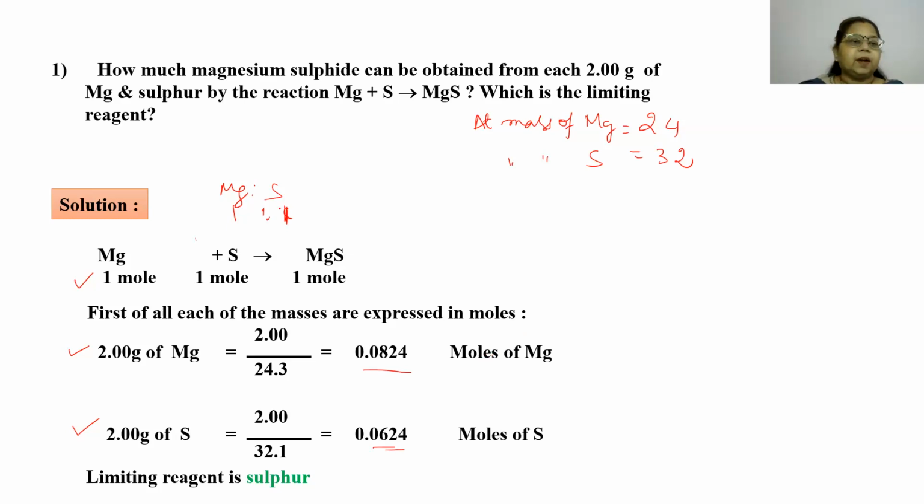Coming to the second part of the question, how much magnesium sulfide can be obtained from each 2 grams of this? What about the quantity? Now, can anybody tell me? This was your homework. How will you find it?